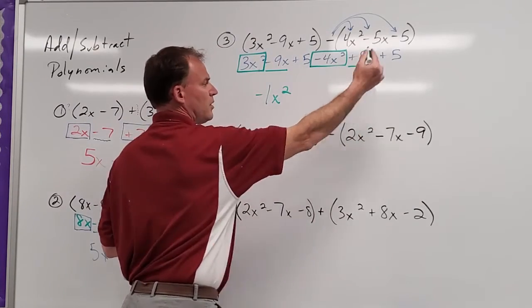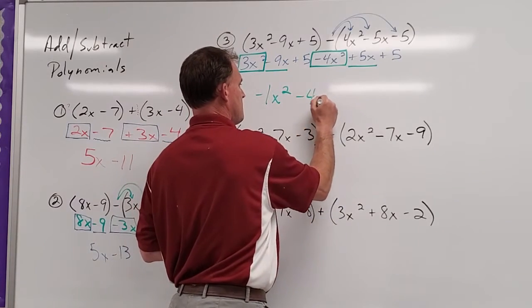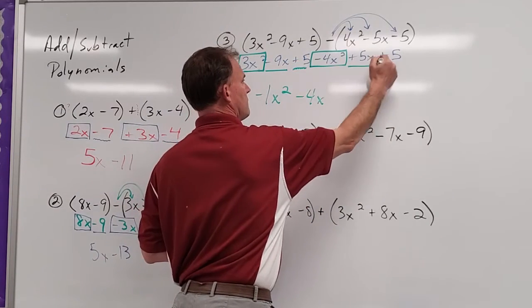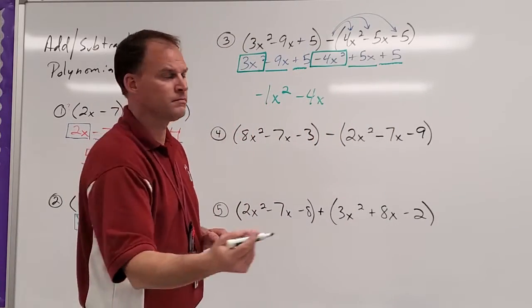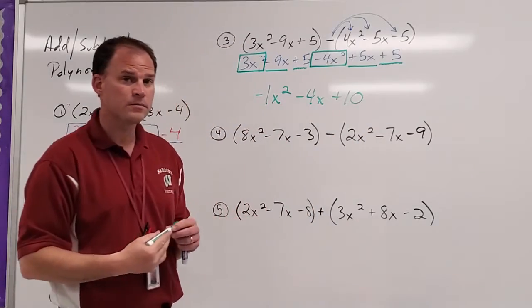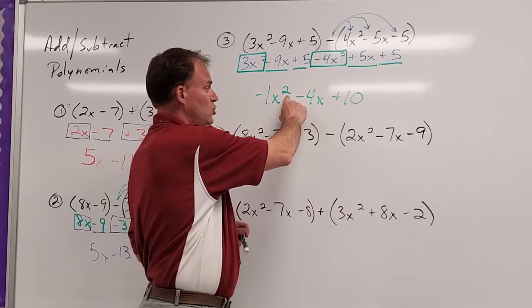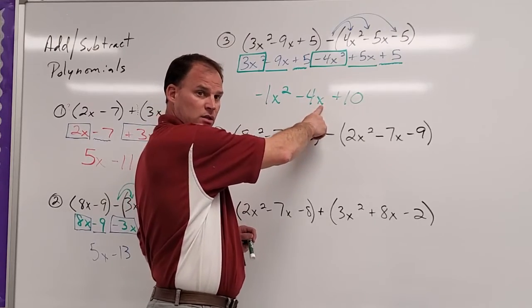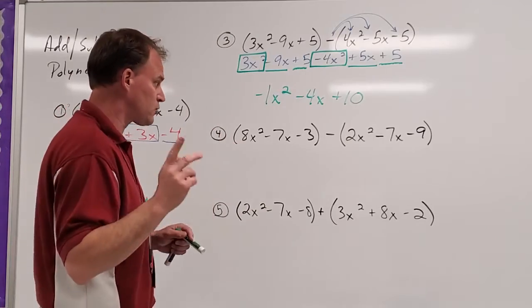Minus 9 plus 5. Plus 5 plus 5. And that's your answer. These are not like terms because this has an x squared. This is just an x. They're not like terms. They're not the same thing. I can't add them together or subtract them.